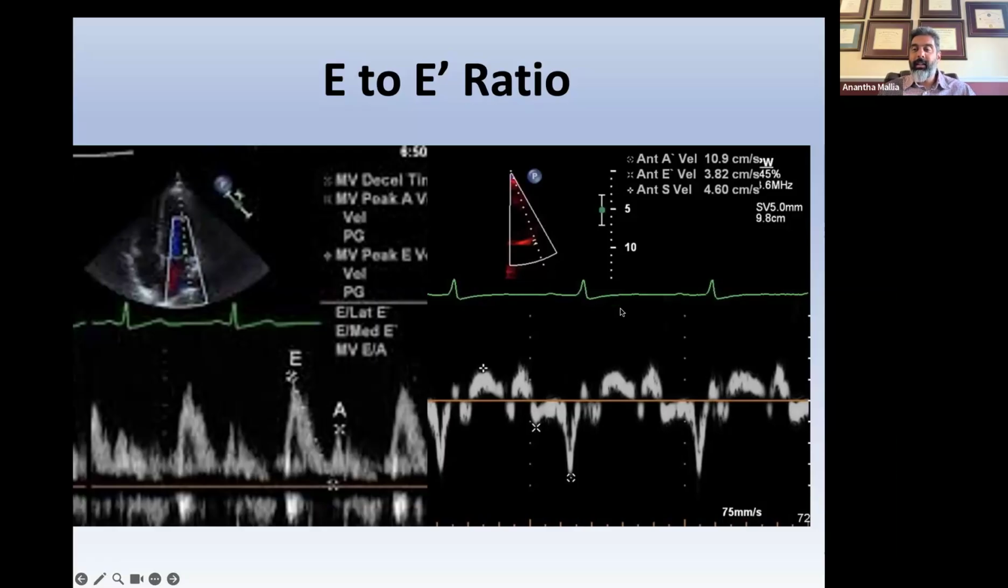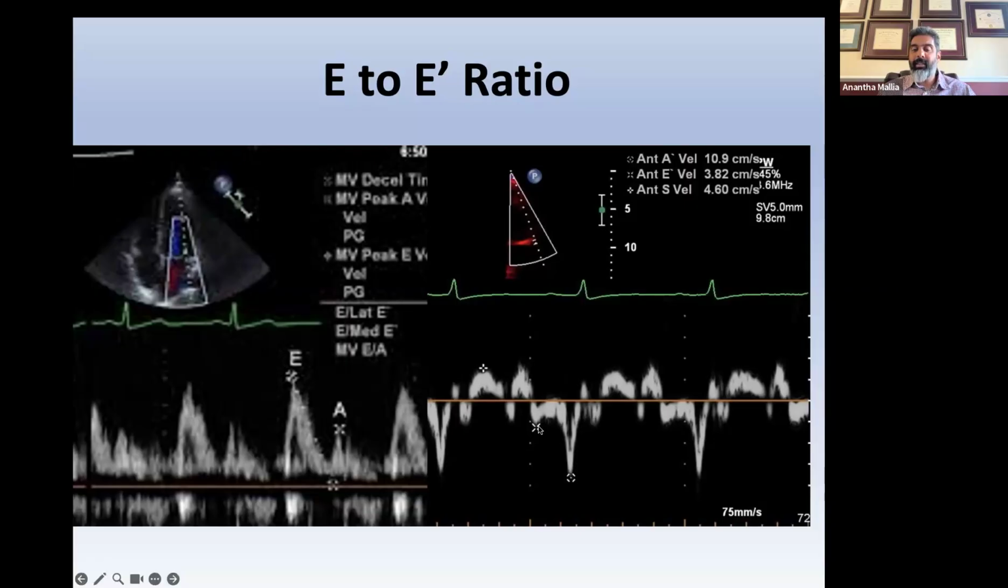Then we take tissue Doppler and we measure the velocities of the mitral annulus, the lateral mitral annulus in diastole. And similar to blood flow velocities, you get an E and an A tissue velocity.